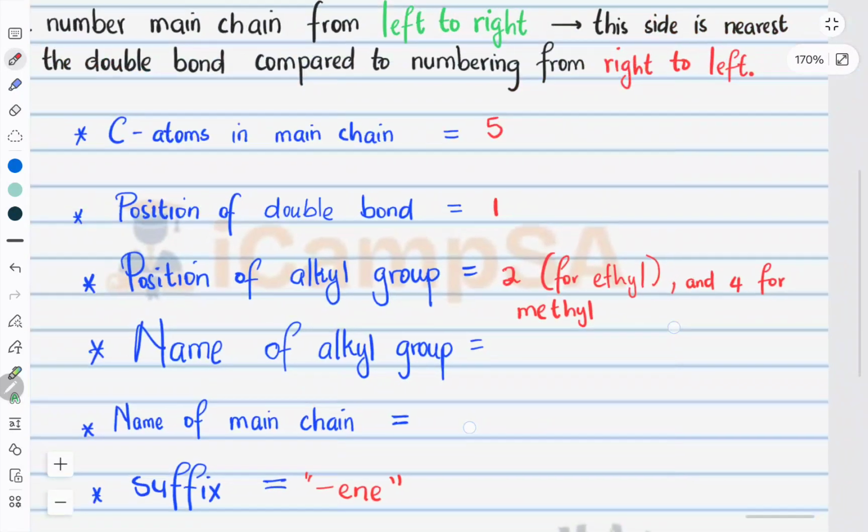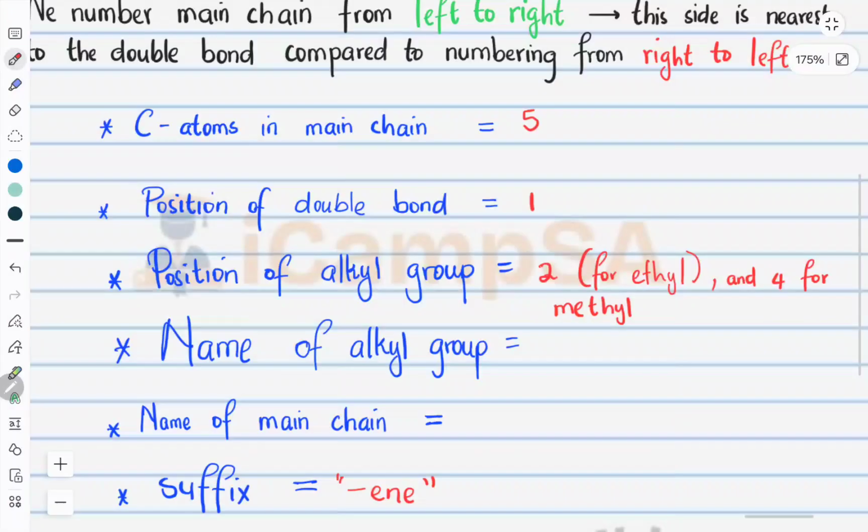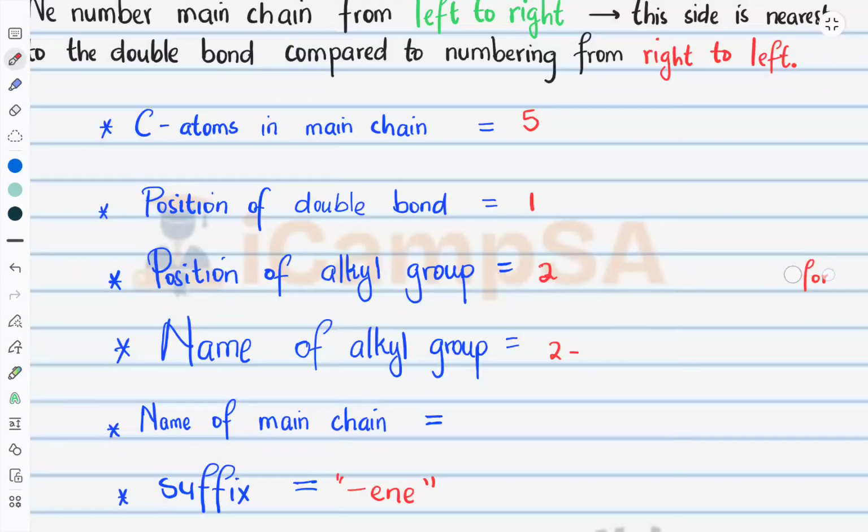All right, name of the alkyl group, there's 2. Okay, let's just write 2 and 4 here, it's fine. The names, we have ethyl and methyl respectively. I'll follow the same order as above.